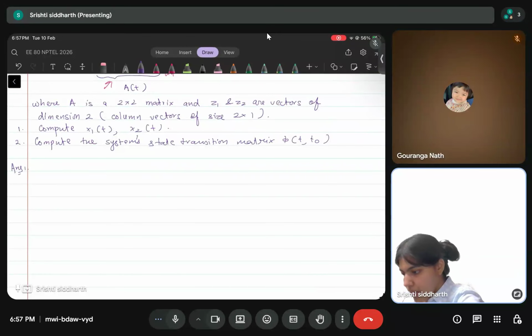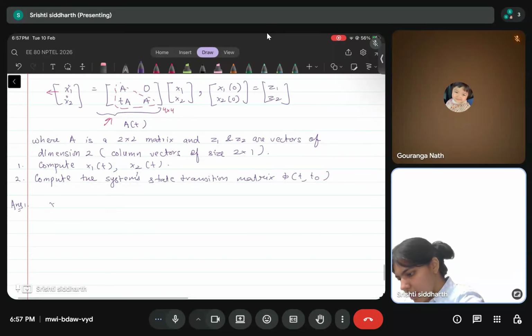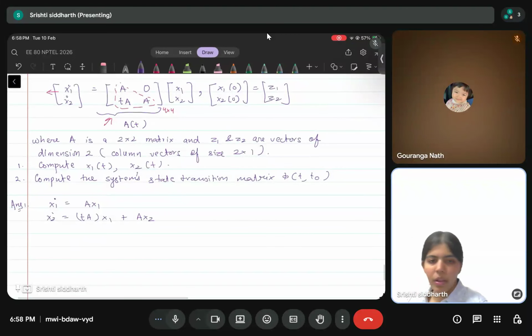So x1 dot is simply A times x1, and x2 dot is A times x1 plus A times x2. So if we know the solution of x1 from this equation, we can substitute in the second equation to get x2, right?